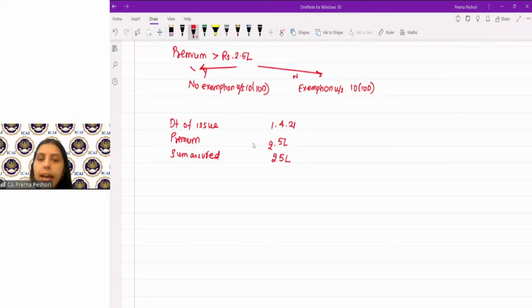Consideration received as on 1/11/2031 is 32 lakhs. Now, the assessee has not received any other consideration. Whether there will be exemption or not, what do you think?